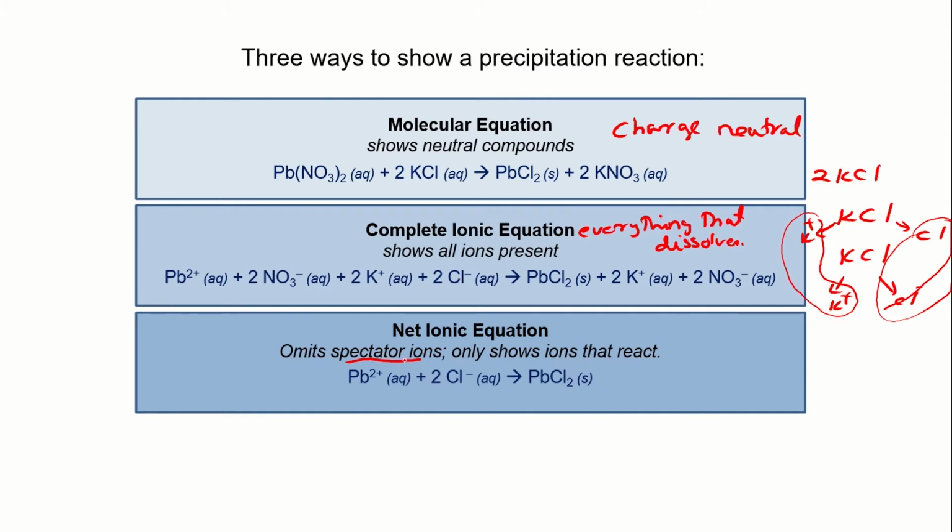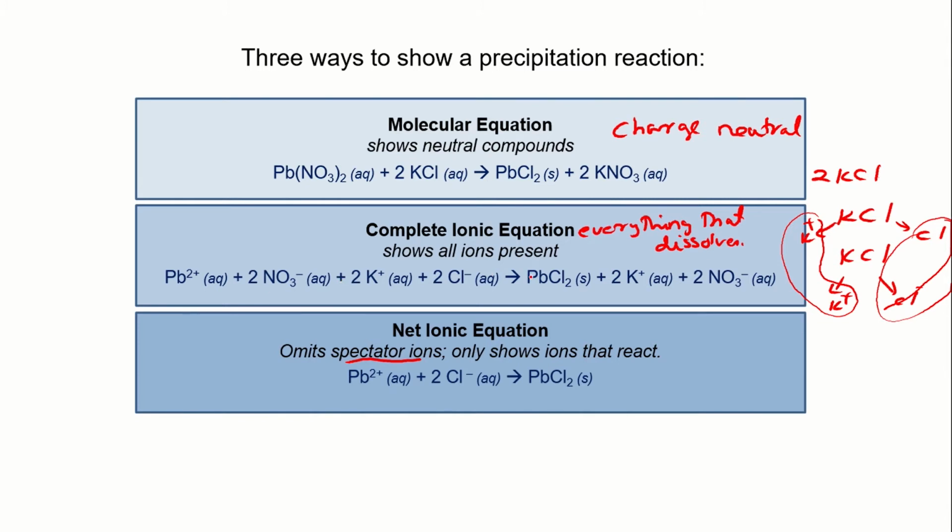What does that mean? If you can find the ion sitting on the reactant side and the product side as an ion, that means it is not doing an active reaction. It's just sitting there in the solution, watching what's happening. So that is why we call it a spectator ion.